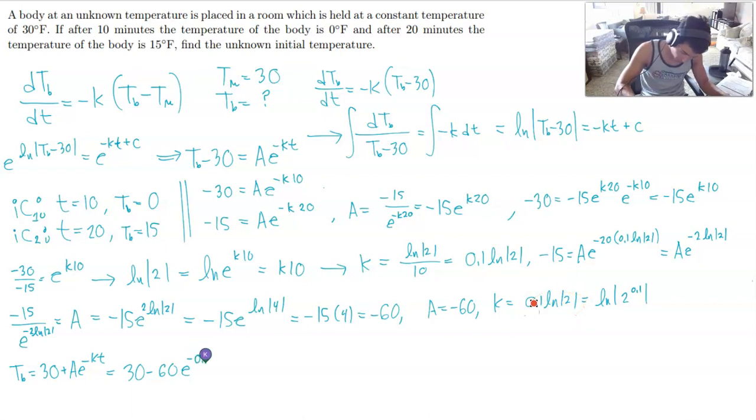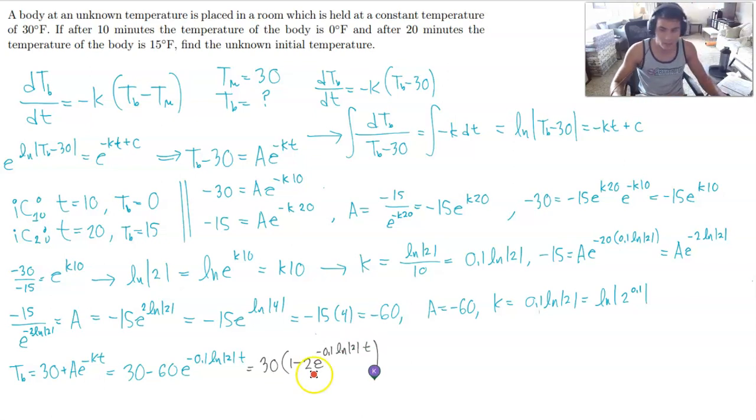Negative 0.1 ln2 t. And you can clean this up and write it as 30 times 1 minus 2 e to the negative 0.1 ln2 t. And I would recommend just leaving it like this in this form because this looks good enough.